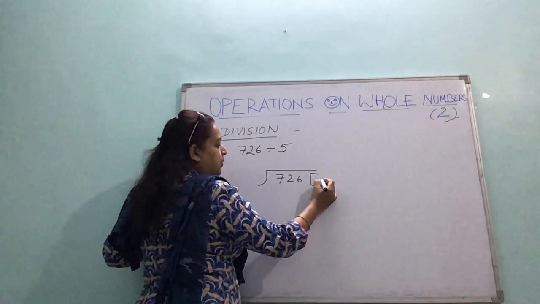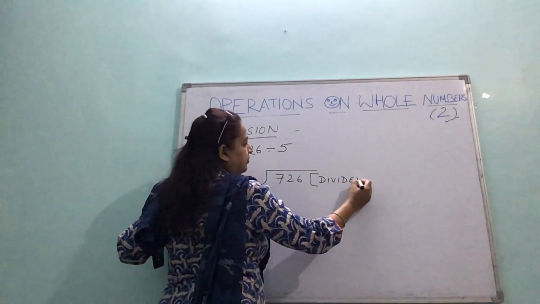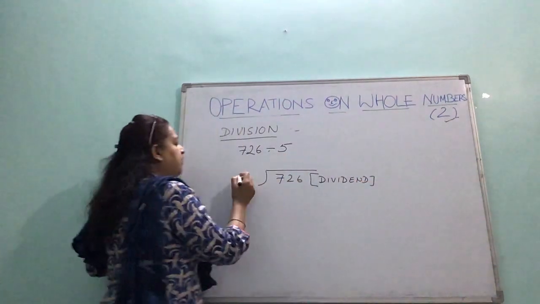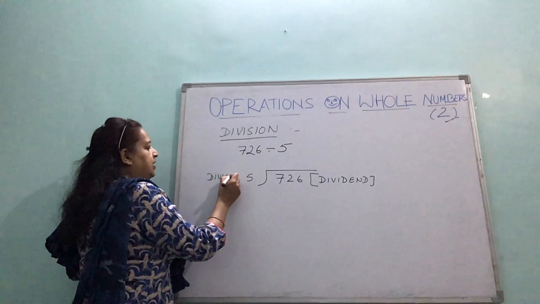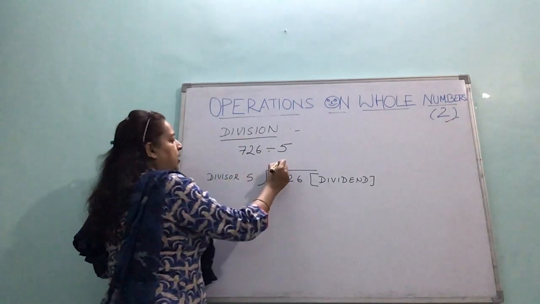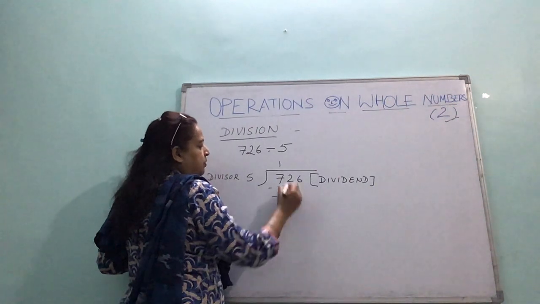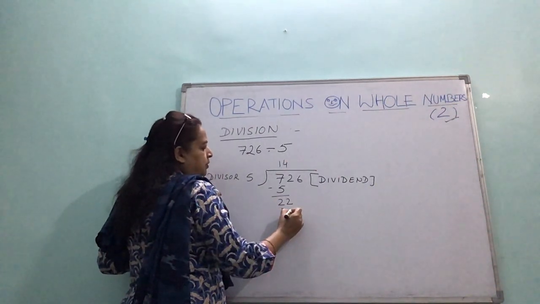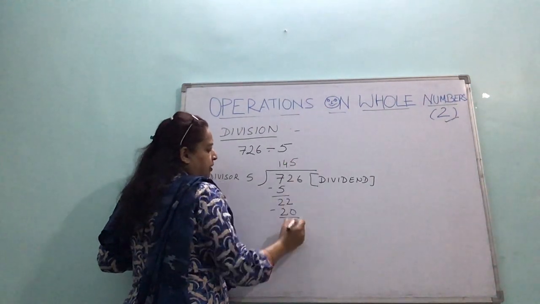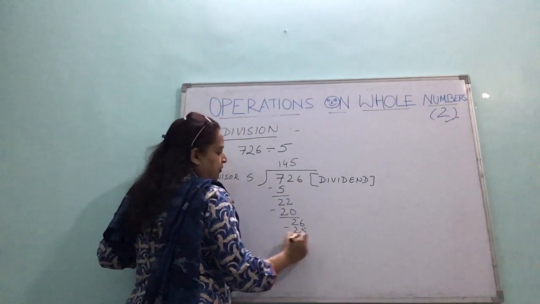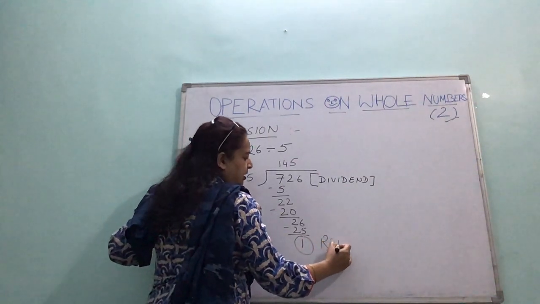The number which you are dividing is known as the dividend. And the one which divides is called the divisor. Let's divide now. 1, 5, then 2, 2, 4, 2, 0, 2, 6, 5, 2, 5, 1. This is the remainder.